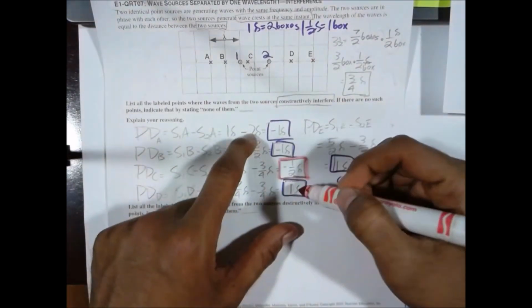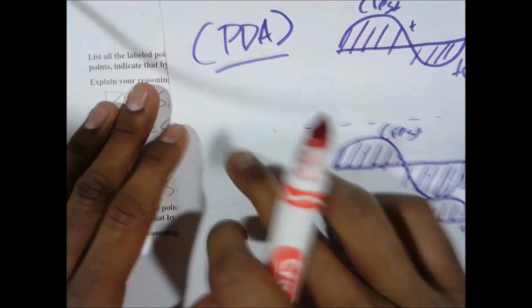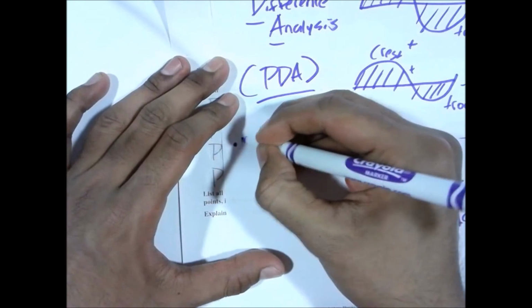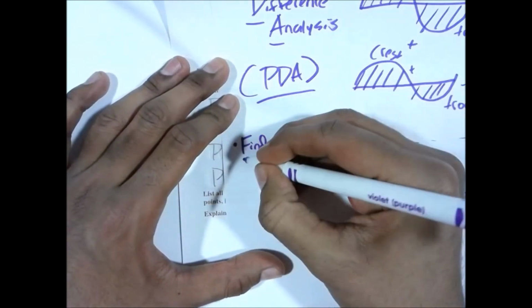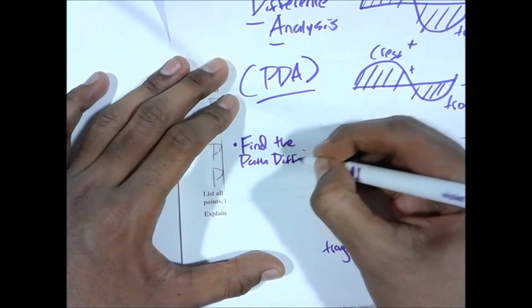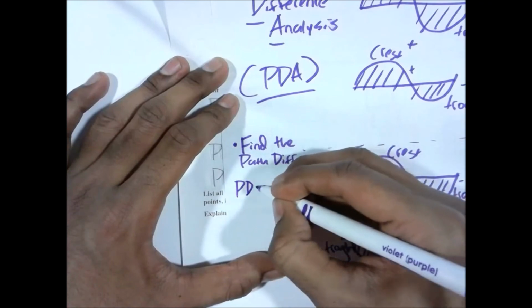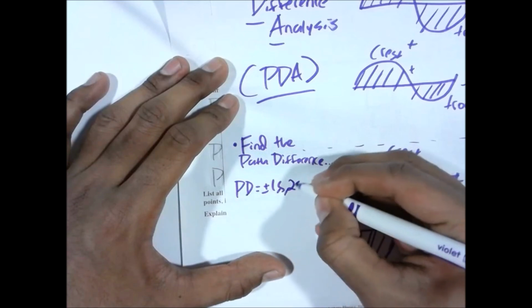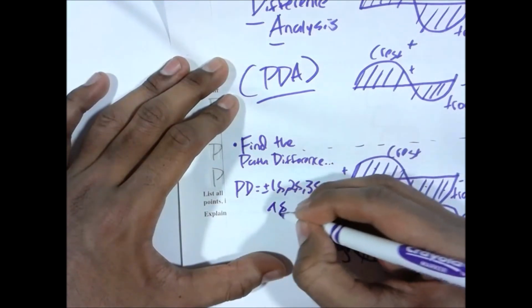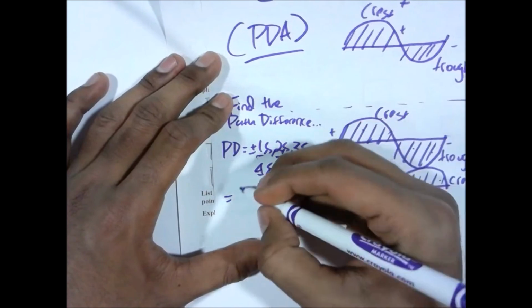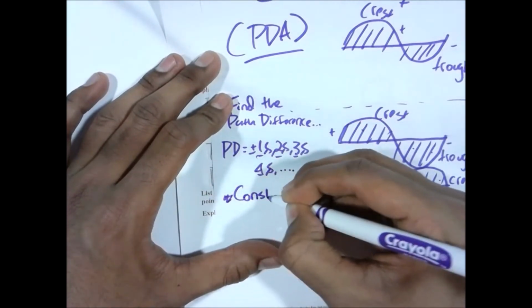Okay, so a good rule of thumb is that once you find the path difference, PD, is equal to plus or minus 1 wavelength, 2 wavelengths, 3 wavelengths, 4 wavelengths, whatever integer, if they're occurring integers apart, then this means you have constructive interference.